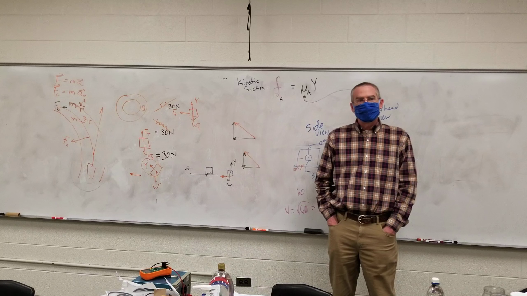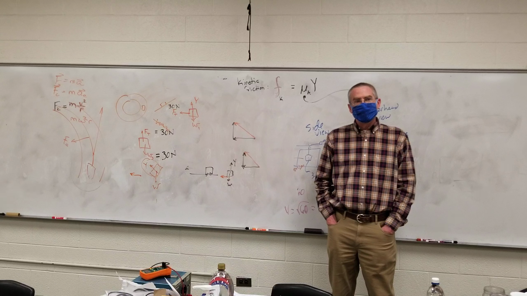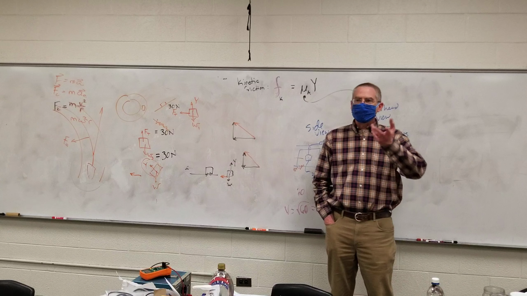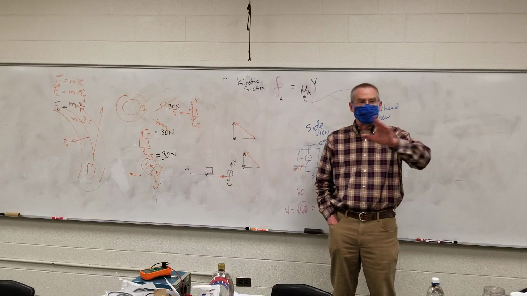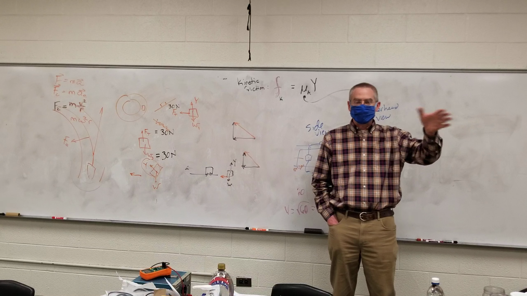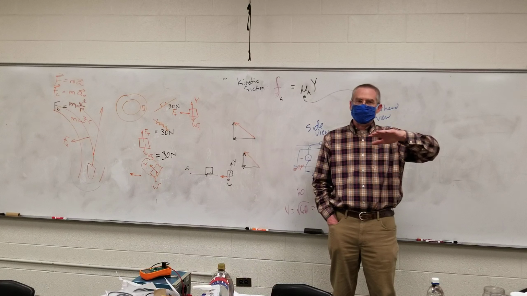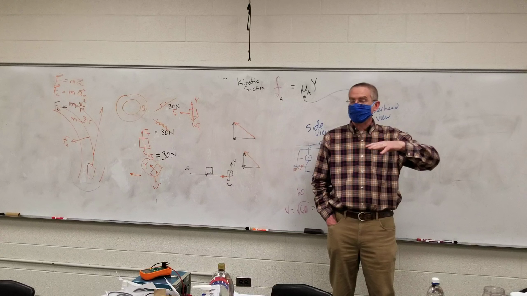So if it is banked and it's just a straight road, it's the normal force. If it's frictionless, it is possible if the road is icy, if it's banked, I can still take it. If it's flat and it's icy, I have to drive real slowly in order to be able to take that.